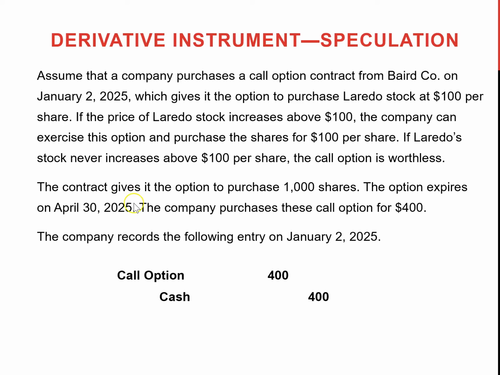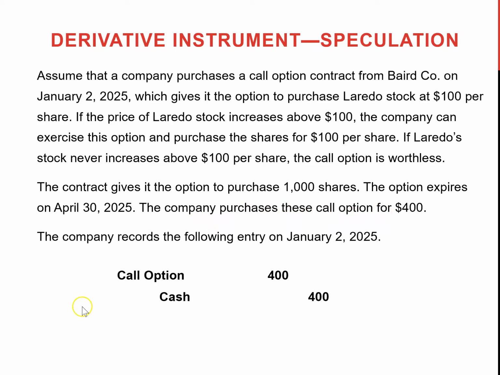So this option contract gives the purchaser the right to purchase 1,000 shares, and every option has some expiration date. That means you have to exercise these options within this time period from January 2nd to April 30th, and the company who purchased those call options paid $400 for all those options.